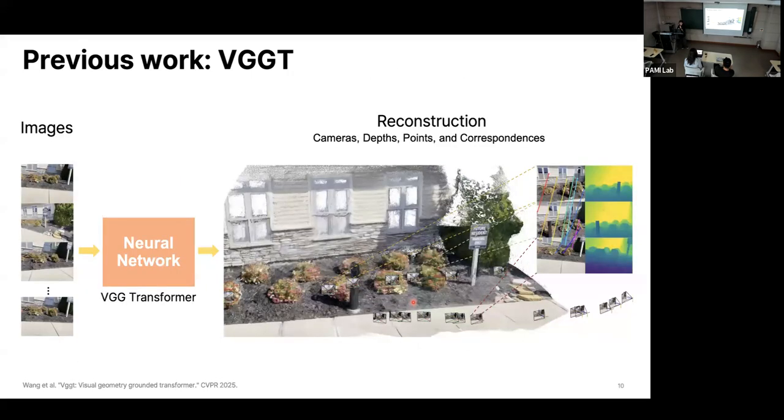To mitigate these issues, VGGT proposed a solution: given uncalibrated images, they use a neural network, and with only this network, they cover diverse 3D properties in one forward pass.